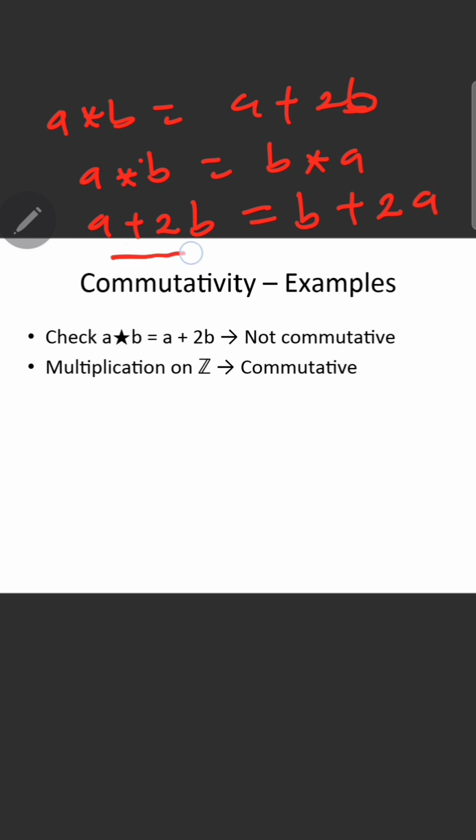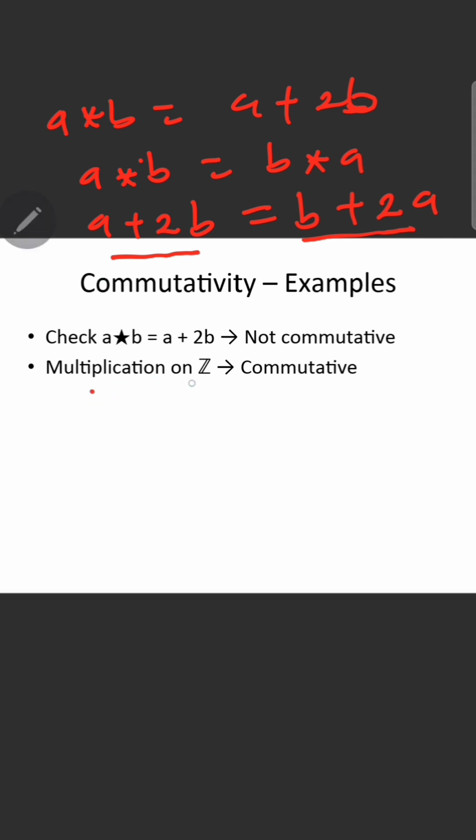Now if you look at these two, A plus 2B and B plus 2A, if you put any number as a value of A and any number as a value of B, can we get the same results? No. Because this is A plus 2B and this one is B plus 2A. So we have checked that one. They are not commutative because they are not the same.